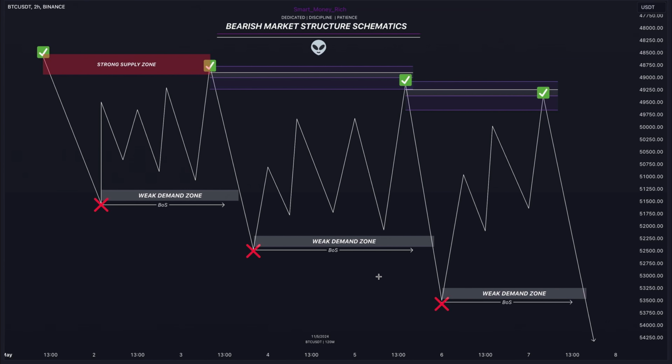In the other case, in a downtrend, we continue to see the weak lows fail and the strong highs hold, right? So in this case, everything within here is considered to be internal structure, just a pullback for the continuation of the downtrend, right?